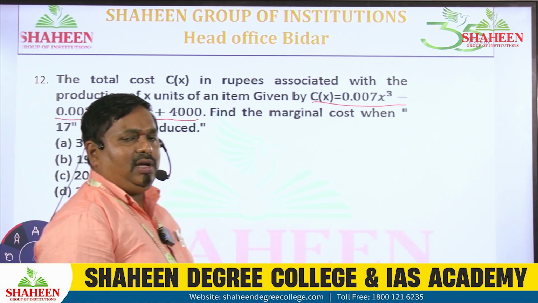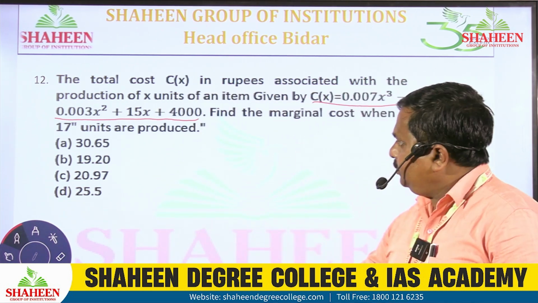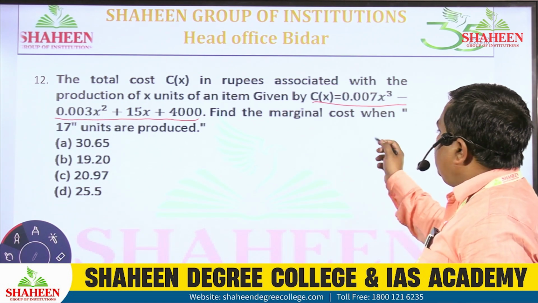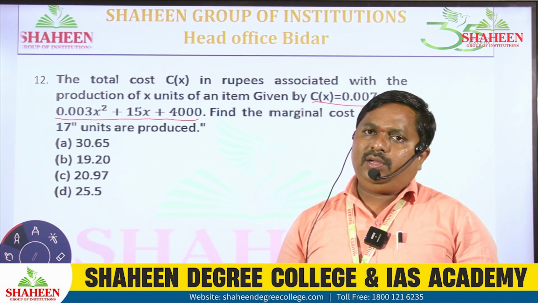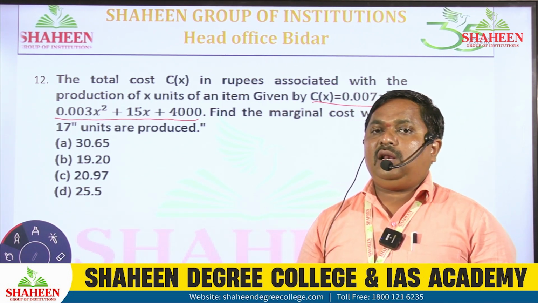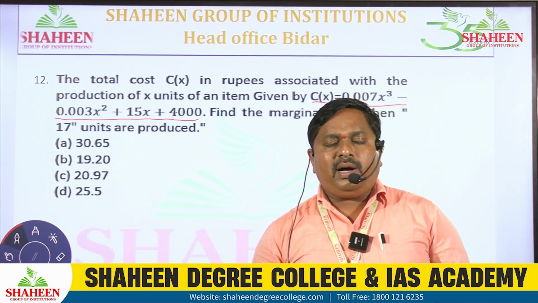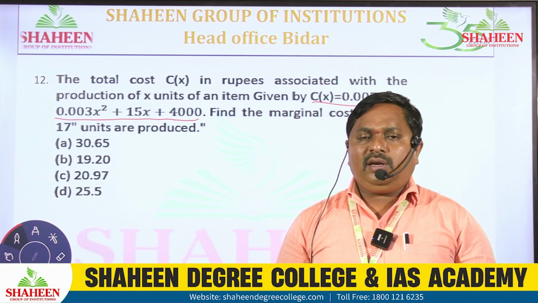Here x represents the number of items produced. We are finding the marginal cost when 17 units are produced. If the production is 17 units, what is the marginal cost? The marginal cost is calculated by the derivative of the given cost price.